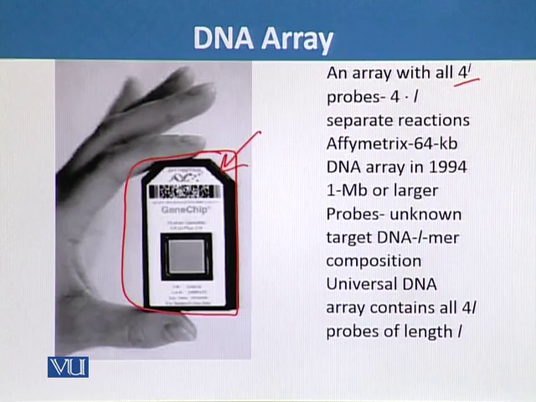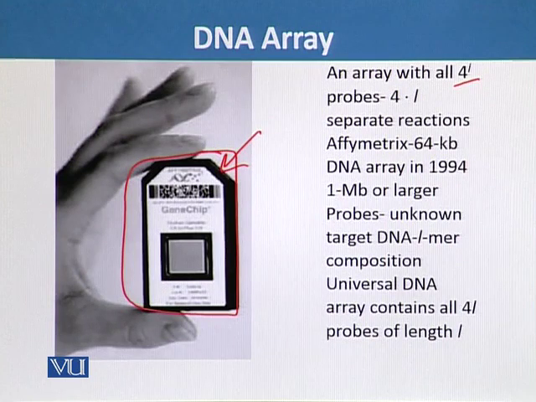This is the diagram of the array chip first developed by that company. Today, different companies have built arrays of more than 10 megabases or larger that are used routinely, and the use of these DNA arrays has become one of the most widespread new biotechnologies.